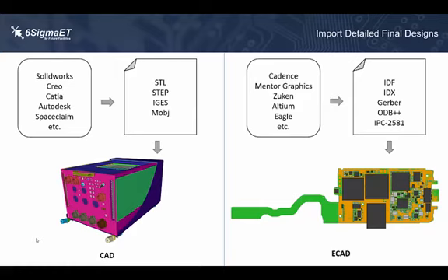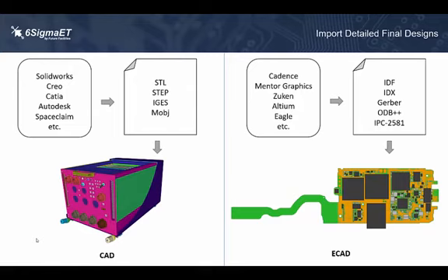You don't need to go through a preparation step, you just import them directly into 6SigmaET, and 6SigmaET can work with that CAD directly. And same with ECAD, we support all major ECAD tools from Cadence, Mentor Graphics, Zuken and Altium, etc., and through a wide range of file formats we can import them through into ECAD.